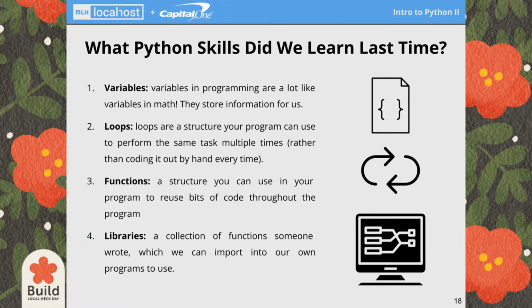This way you can just call the function every time instead of writing the code to make a string lowercase every single time. And libraries are a collection of functions someone wrote, which we can import into our own programs to use. That's how we use Beautiful Soup and different libraries, to basically use work that someone already did to do something else.